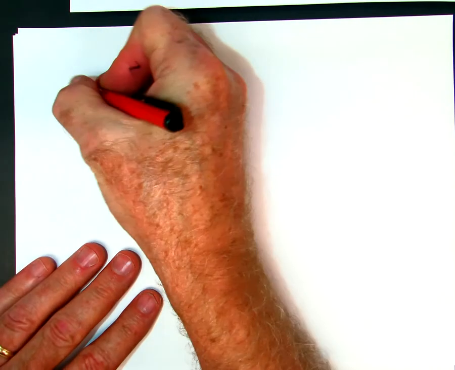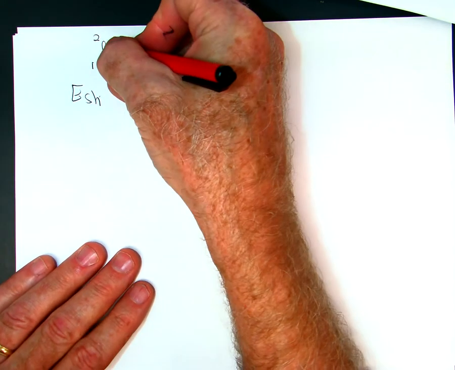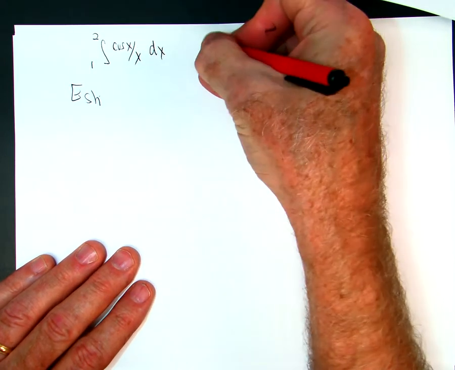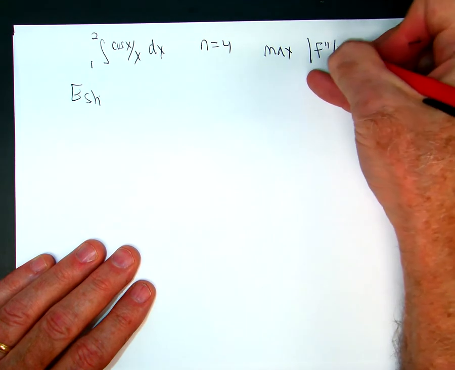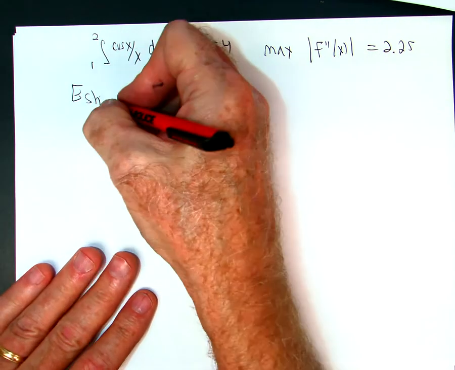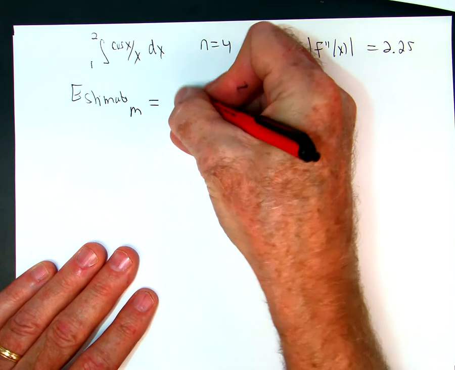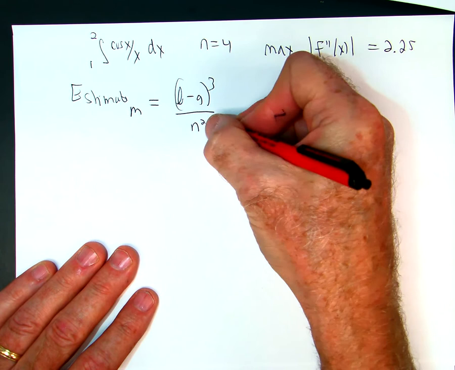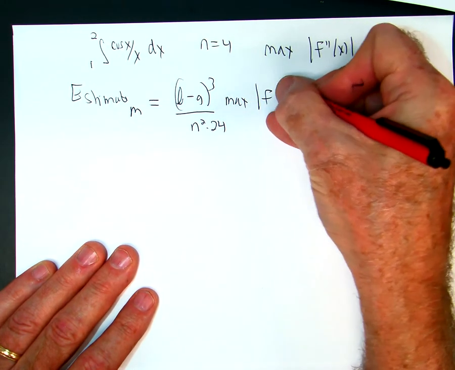So my estimate, this is for the first problem, the integral from 1 to 2 of cosine x over x dx. N is equal to 4, and we saw that the max of the second derivative was 2.25. I calculated that on my own. So then the estimate for the midpoint is b minus a cubed over 24 n squared times the maximum absolute value of the second derivative.